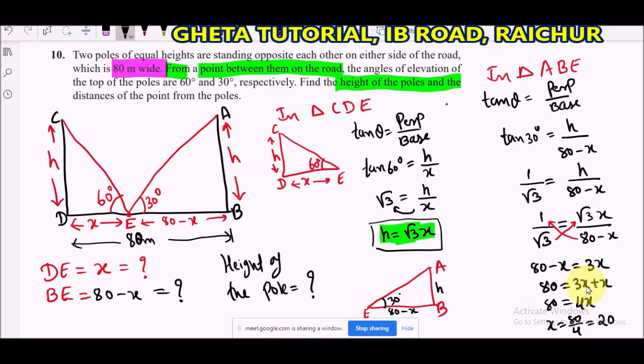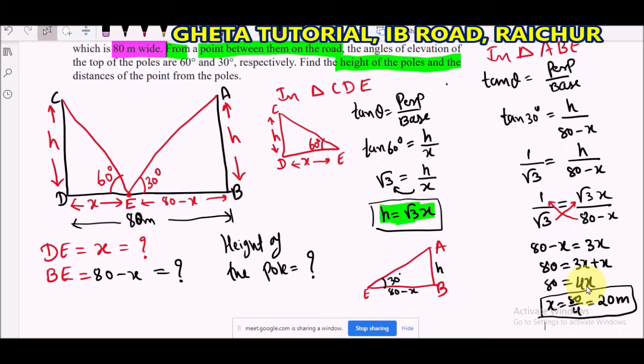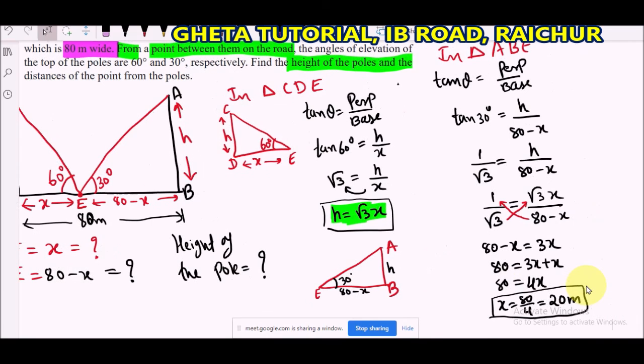So the answer is 20 meters. x is equal to 20 meters. That is DE, which we got as 20 meters. Still we have to find the height, which we will easily get because we know h.